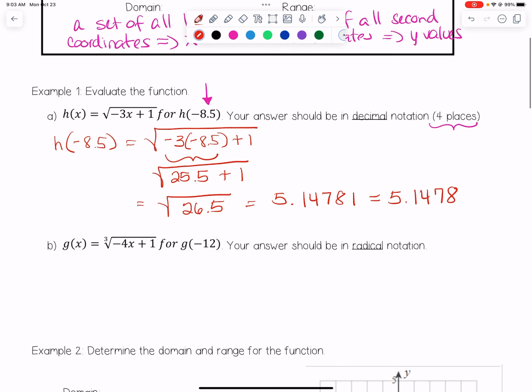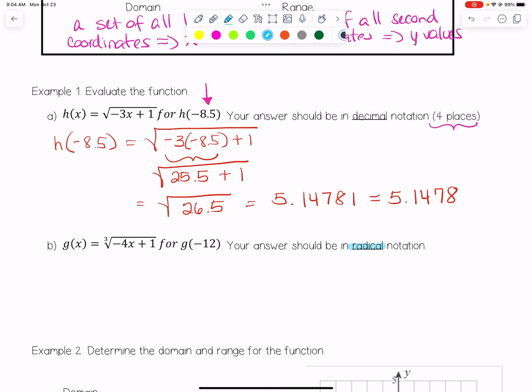Okay, now the next one, they're asking you to express it in radical notation, which means that we don't want decimals, and we're going to take out perfect cubes in this radical.